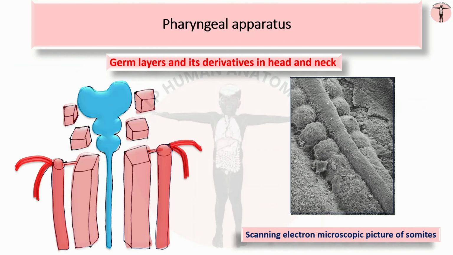In this slide, observe the scanning electron microscopic picture of the paraxial mesoderm dividing into cubical masses forming the somatomeres with incomplete separation and somites completely separated. They are lying on either side of the neural tube and notochord.